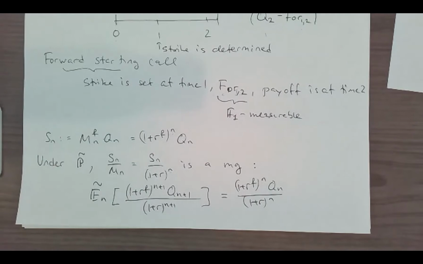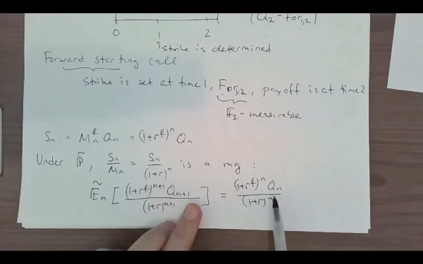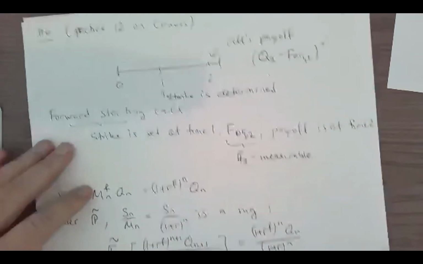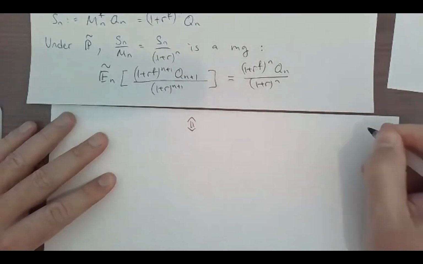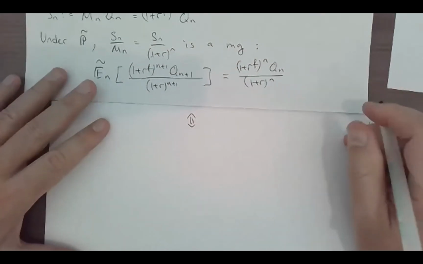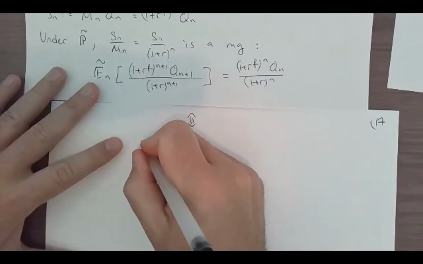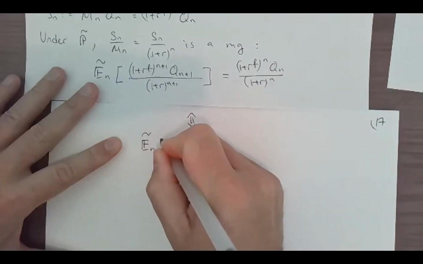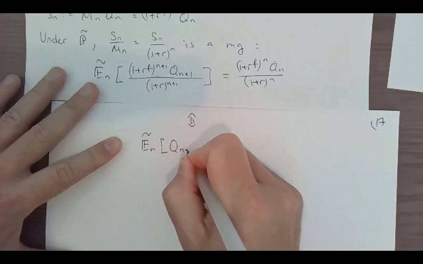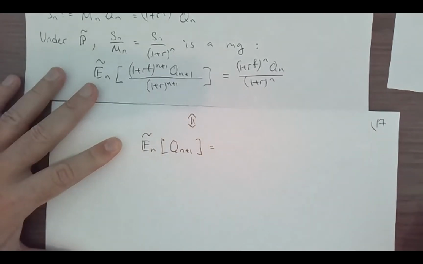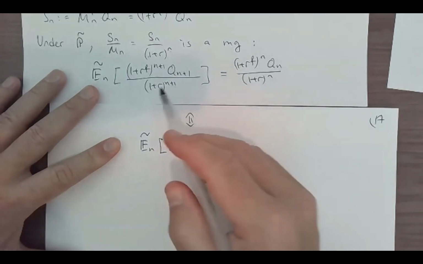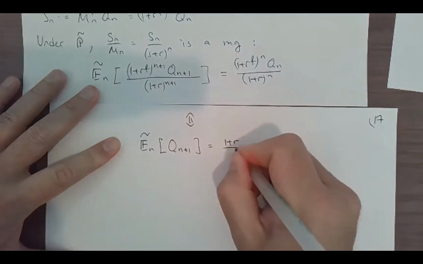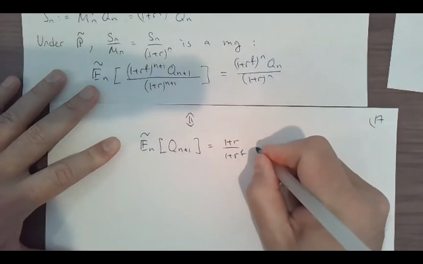What this allows me to get a grip on is how the Qs work over time. I can simplify this to say that the conditional expectation of Q n plus 1 is going to be (1 plus R) divided by (1 plus Rf) times Qn.